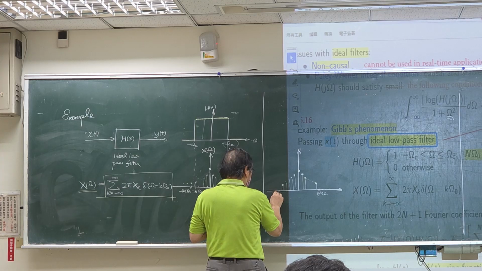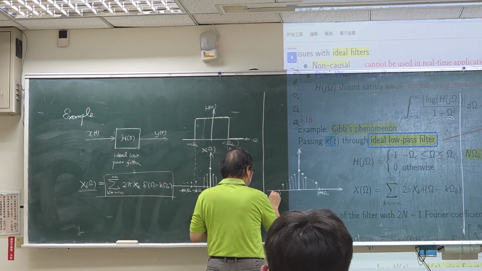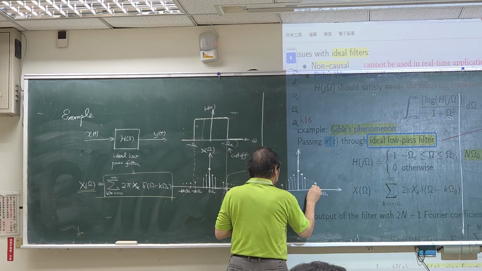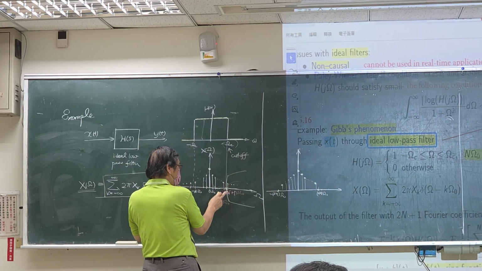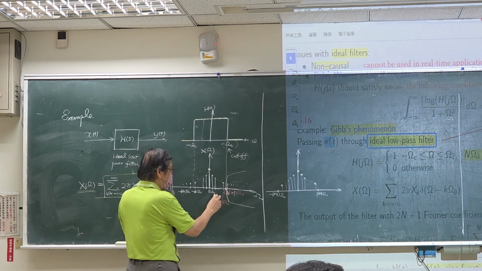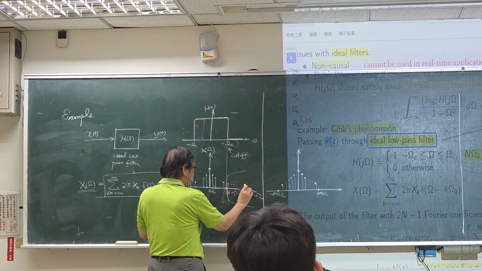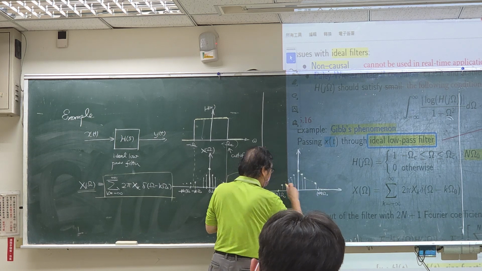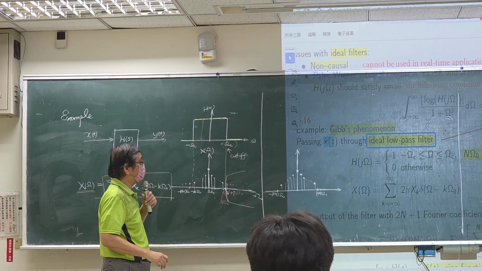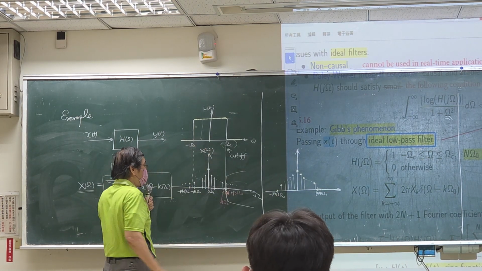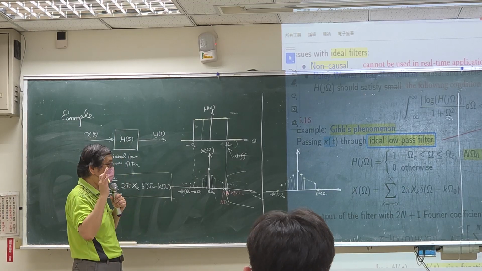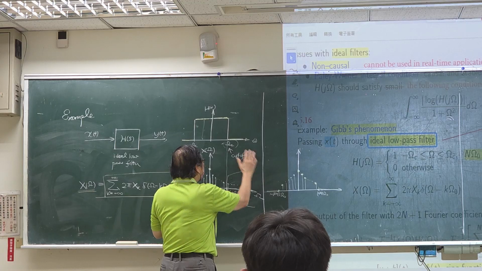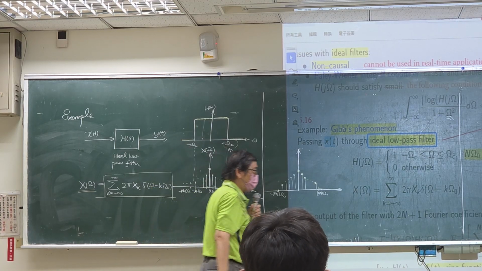And then this is negative N plus 1 omega 0. For those frequencies higher than the cutoff frequency, the amplitude is reduced to 0. They are attenuated, or filtered out by the low-pass filter, supposedly ideally. So this is the effect of going through this ideal low-pass filter.